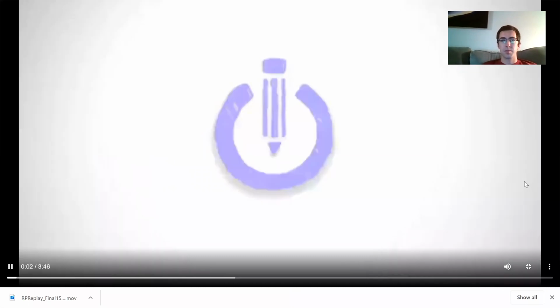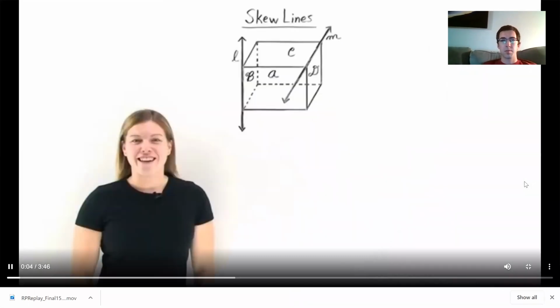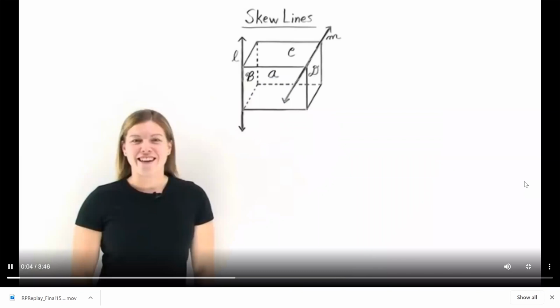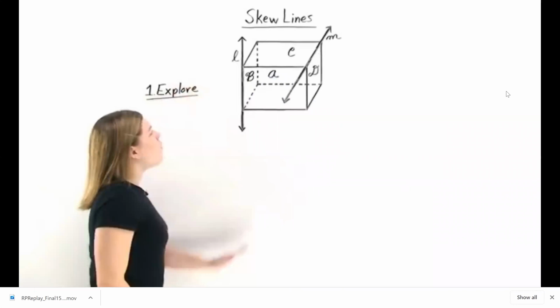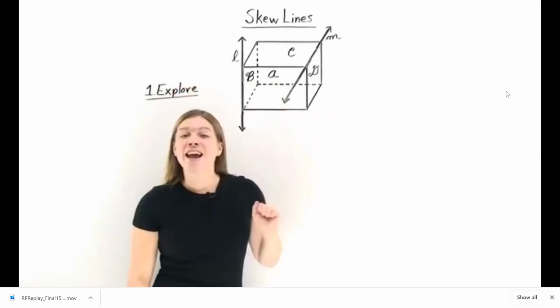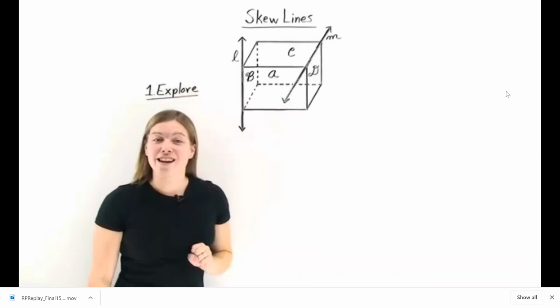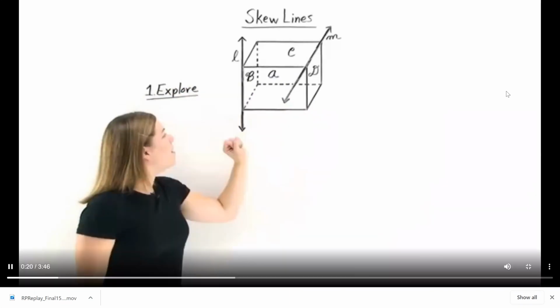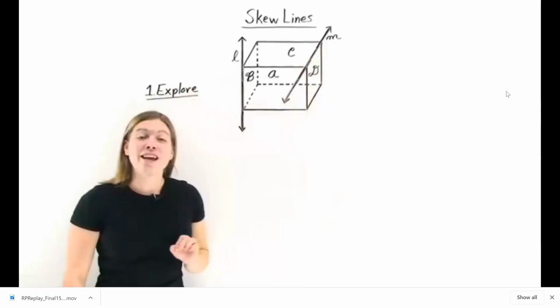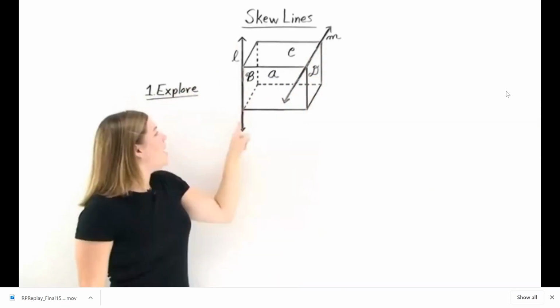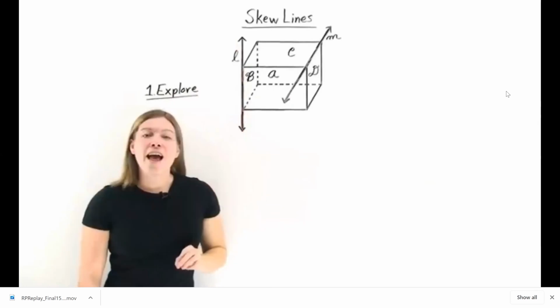What are skew lines? To see skew lines, let's take a minute to explore the figure that's on the board. Well, as we can see, we have a few planes identified, and we have two lines identified as well. Here we have line L, and here we have line M. Let's take a minute and look at these lines. First, line L. Line L runs in two planes.